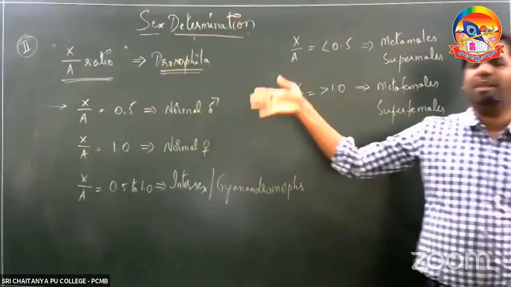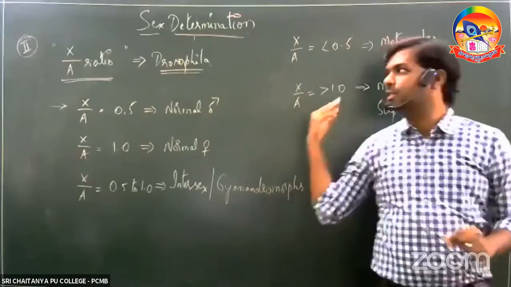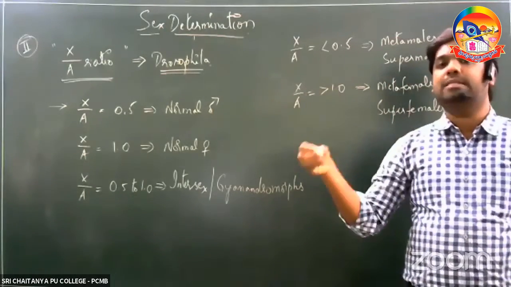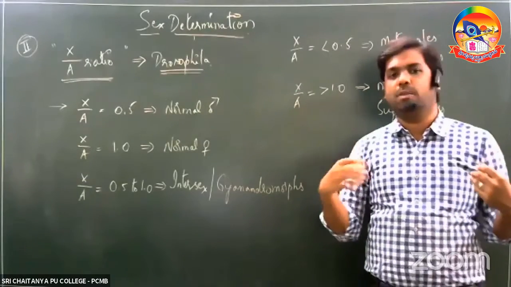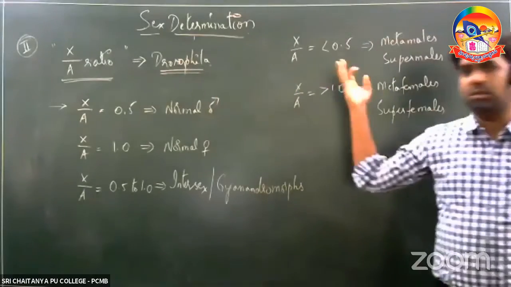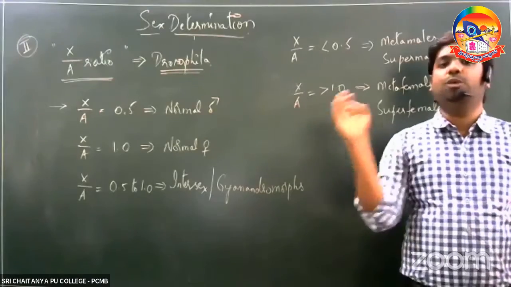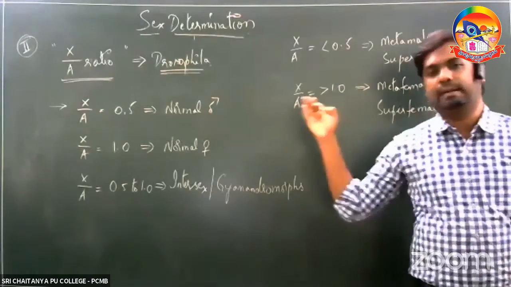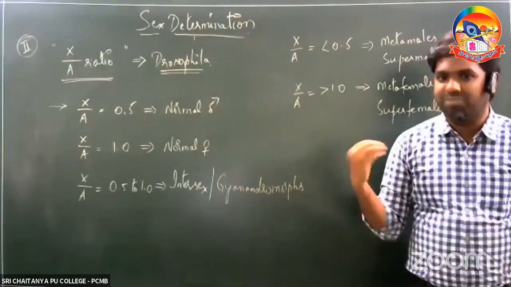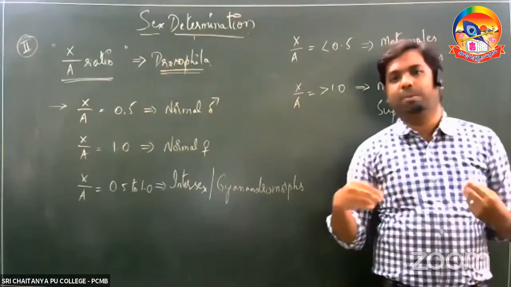Unlike what we have seen with XX and XY type of sex determination, where we saw that the Y chromosome or the males are the ones involved in determining the sex, here Y chromosome's role is to determine the fertility of that particular male organism. So if Y chromosome is present, the male organism would be fertile. If Y chromosome is not present, the male organism would be sterile.